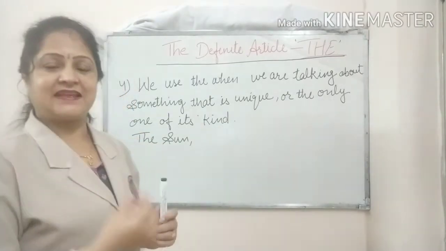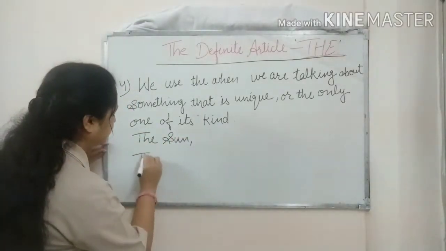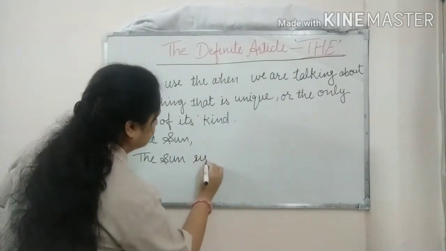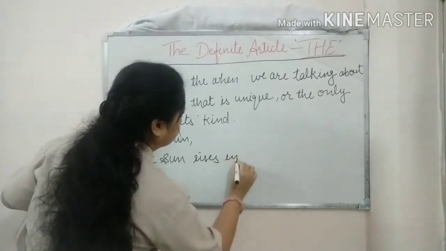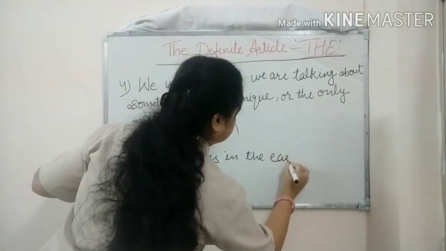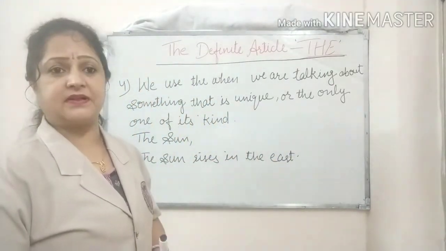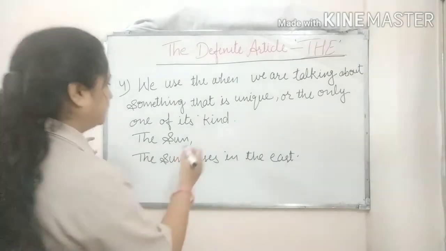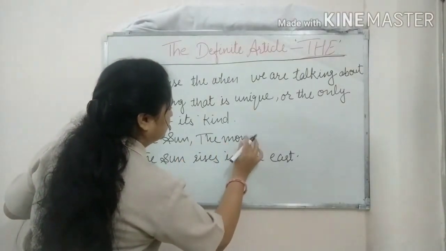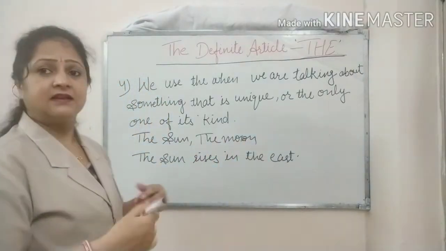For example, the sun rises in the east. Similarly, we can take more examples like the moon, because there is only one moon. And one more example we can take here, the sky.